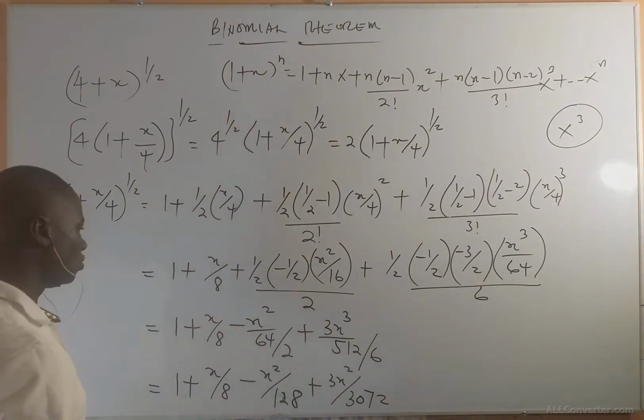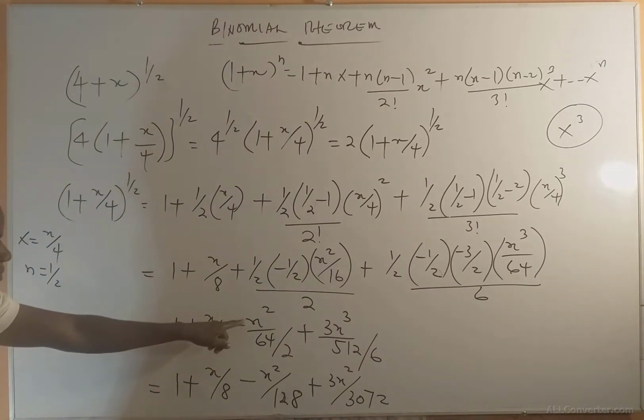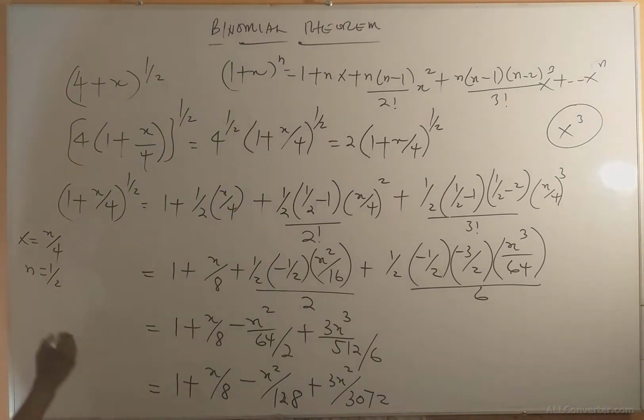Now let me explain to you so that you will get the understanding here. If you have minus x squared over 64 all divided by 2, this is the same as minus x squared over 64. When this division sign changes to multiplication, don't forget that we have all divided by 2.